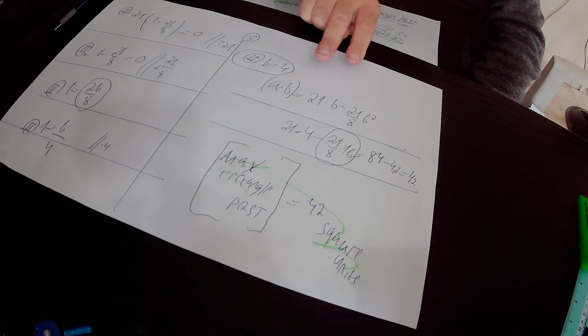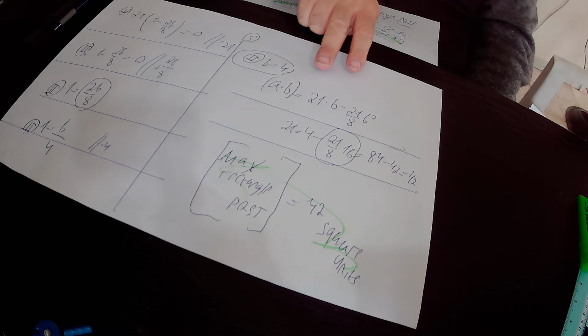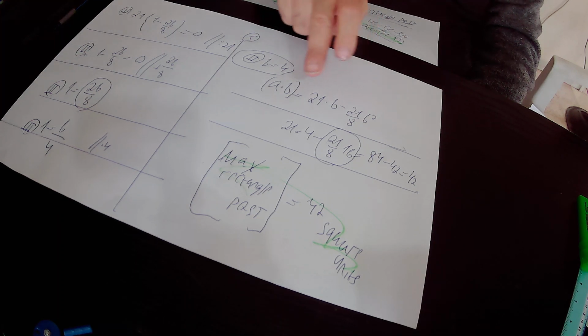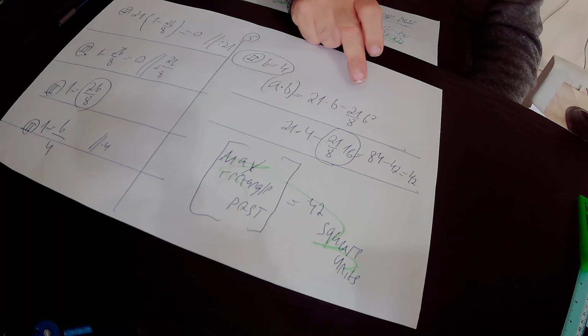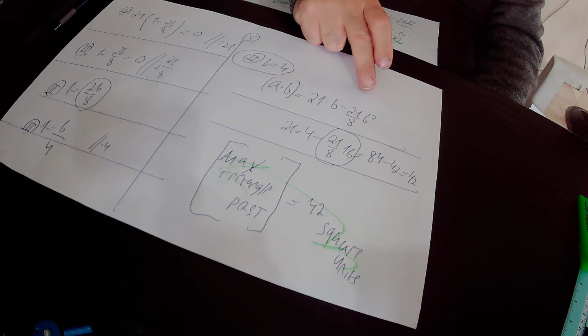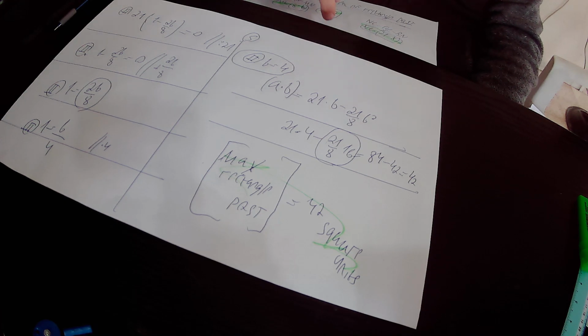So we did it and found out that the area of rectangle PQST, that is a times b, equals 21 times b. b is 4, so it is 21 times 4 minus 21 over 8 times b squared. Again, b is 4, therefore b squared is 16.